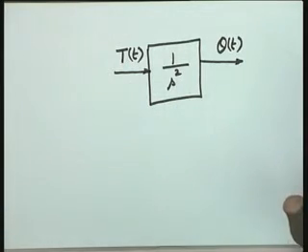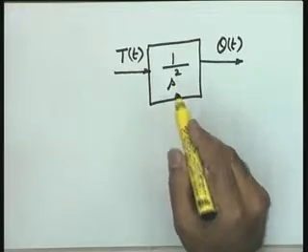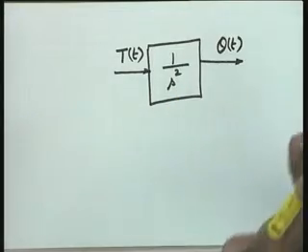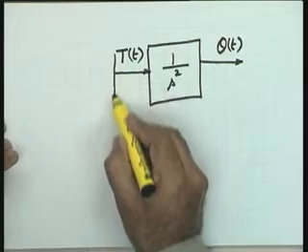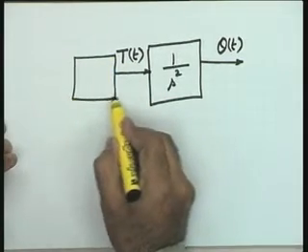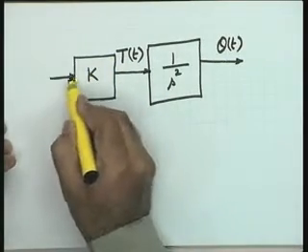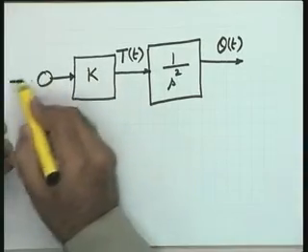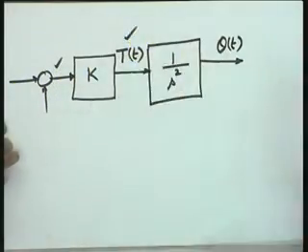So in this particular case, the most important thing as far as compensation is concerned will be with respect to stability, with respect to transient performance, because a double pole at the origin is going to create a lot of instability problems. So initially let me take a very simple situation, a constant K, the constant of an actuator which actuates so that the electrical signal here is converted into torque.